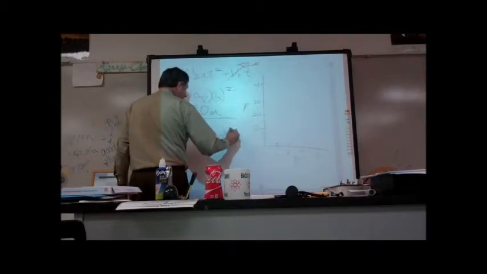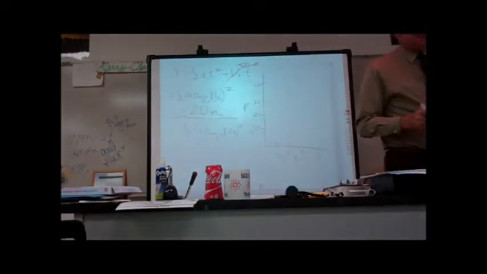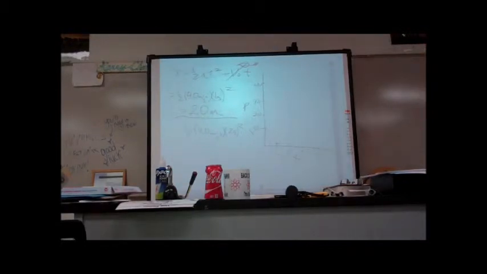Now I'm going to put in 2 seconds. Would it make sense that if I went 2 meters in 1 second, that I went 4 meters in 2 seconds? Chandler, would that seem reasonable? Yeah. So you think the answer is going to be 4 meters? No, it's not. Why? Because the seconds are squared. Okay?